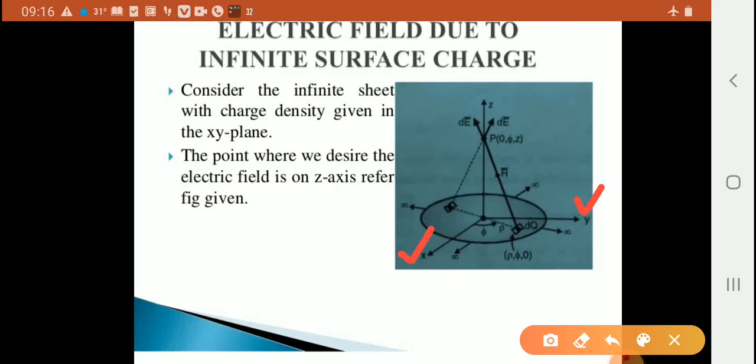The point where we desire the electrical field is on the z axis. This is the z axis, refer to the figure given. Also consider that a charge q is uniformly distributed over this surface.